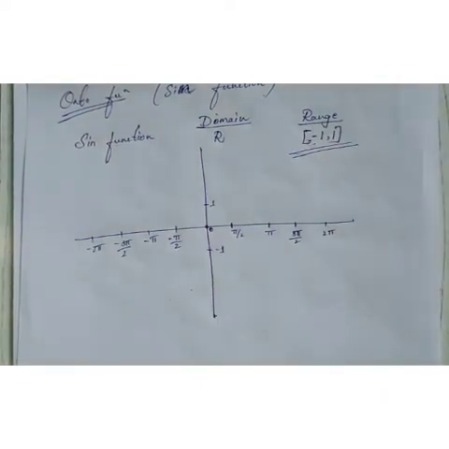We must know sine 0, sine pi by 2, sine pi, sine 3 pi by 2. Unless we know this, we cannot represent the graph. So just refresh those values, so that it is easy to represent a particular graph.